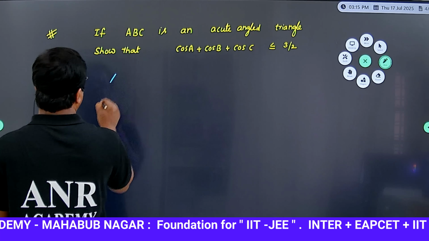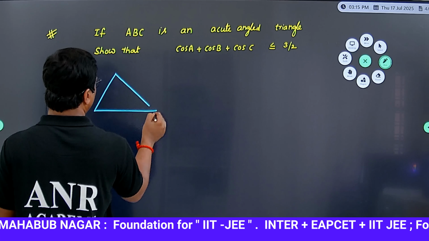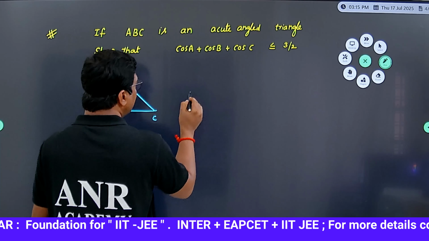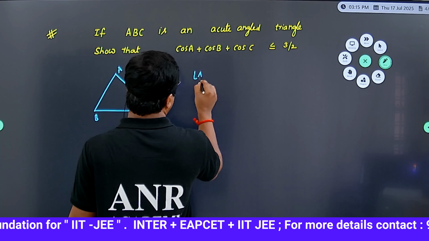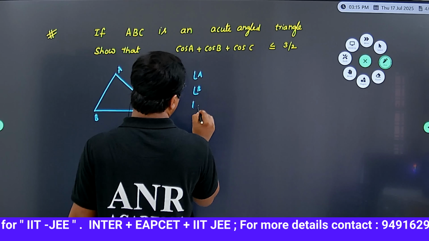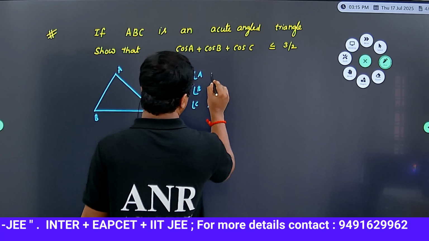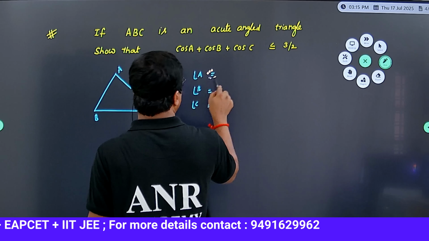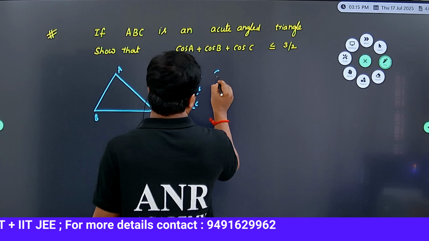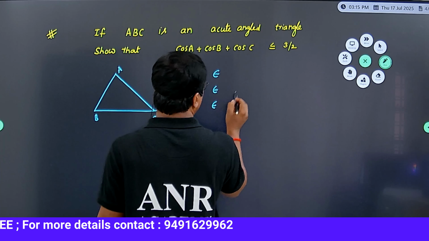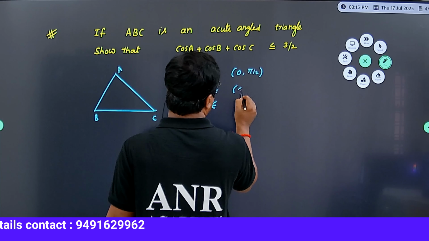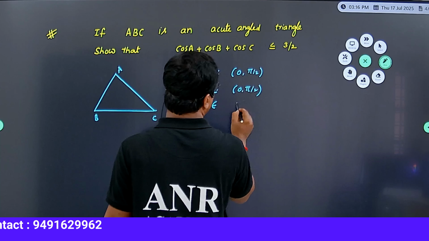If the triangle is acute angle, then I can say that angle A, angle B as well as angle C clearly belong to 0 to pi by 2. First quadrant, acute angles.